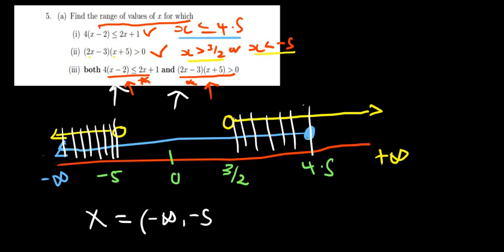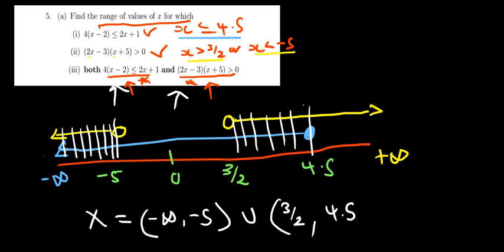So this minus infinity is not included, even the minus 5 is not included. Then we're going to say union. On the other part here, we are going to start from 3 over 2. So this 3 over 2 is not included because the yellow line there has an open circle, and then comma, and then the other one there will be 4.5.